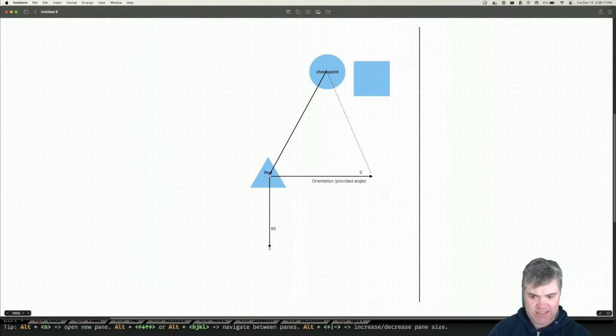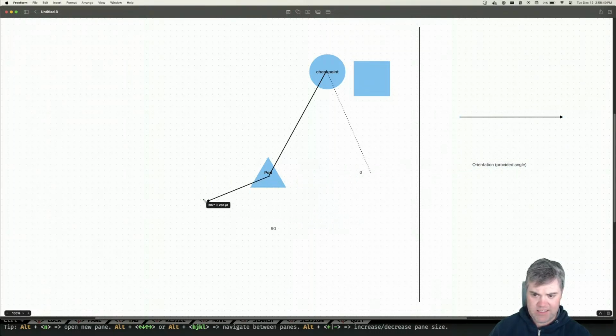And I think where it gets interesting is something like this. So I need to calculate this angle, not that one, but wherever this is my facing.